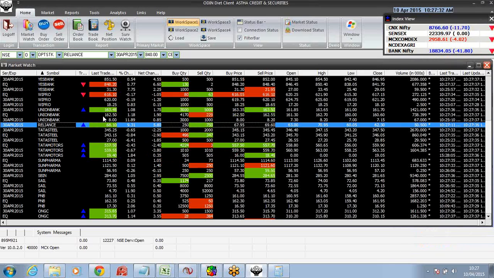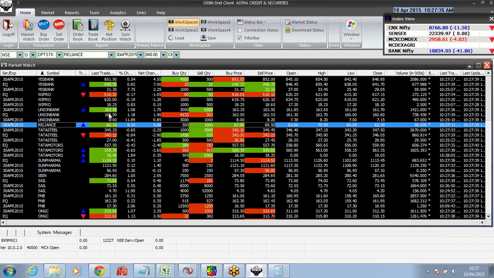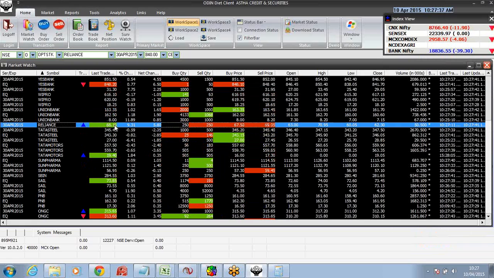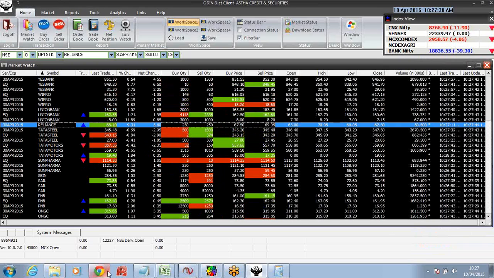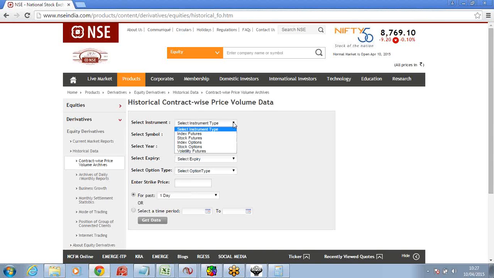Now I'll tell you at what price we could have bought this, I mean previously on the 1st of April. So I'm just showing you these historical prices.